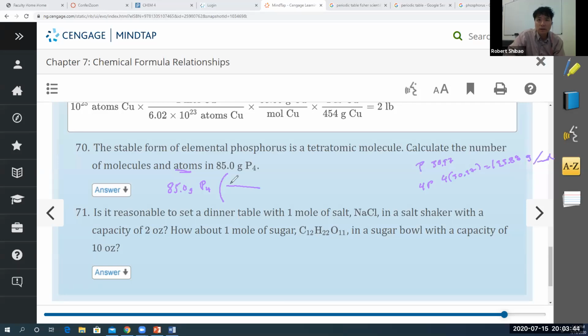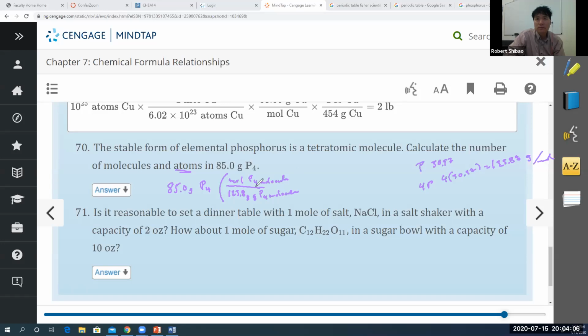Grams per mole, or u per molecule. And so we're going to use grams. So a mole of P4 molecules weighs 123.88 grams, with the 8 as an extra carried digit, of P4 molecules.